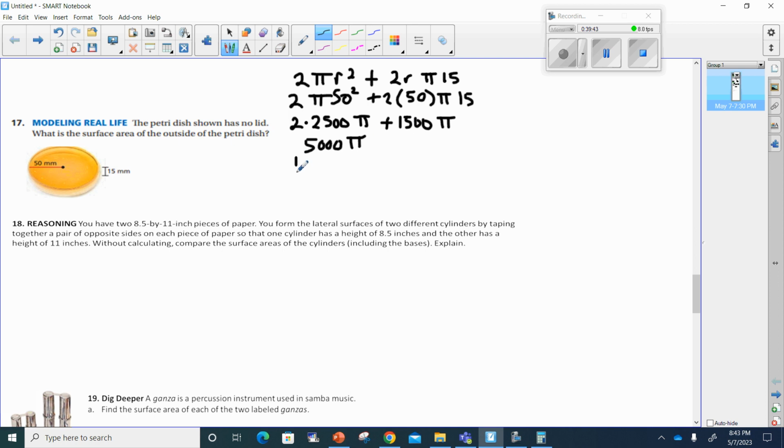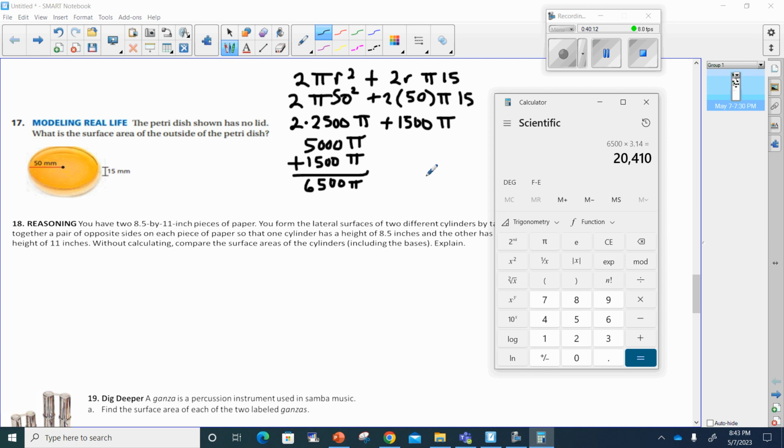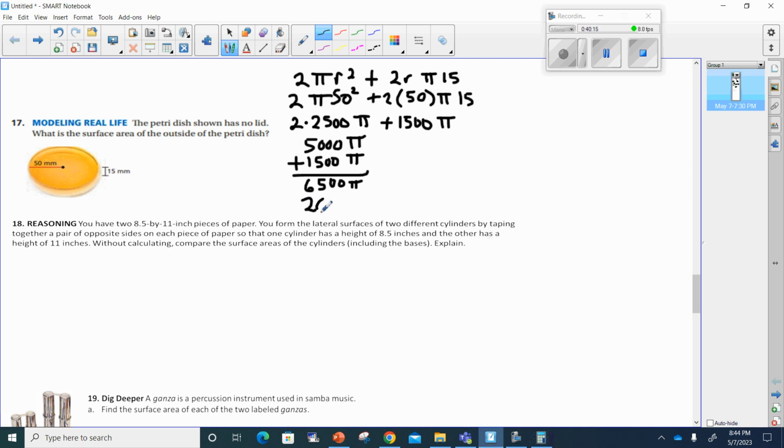Now I can add that to 1,500 times pi. Since pi is at the end, I can add these together and get 6,500 times pi. Well, 6,500 times 3.14 gives us 20,410 millimeters squared.